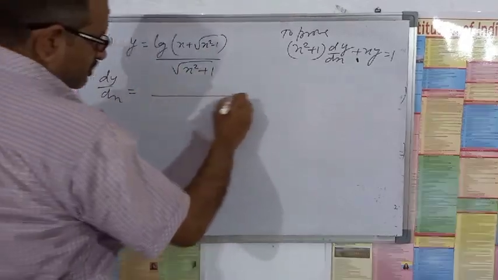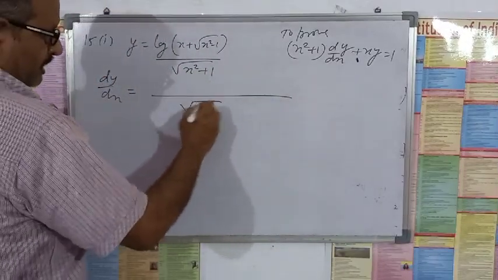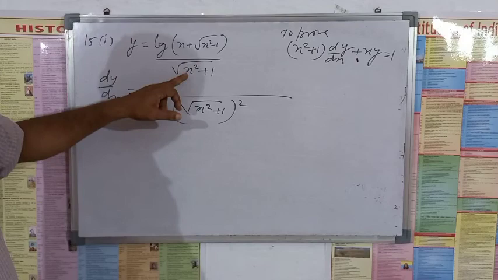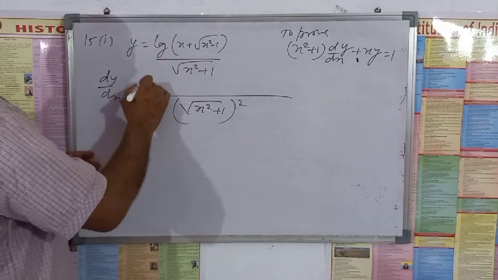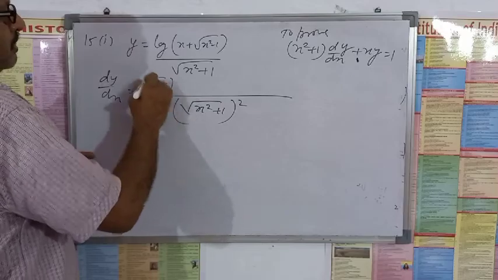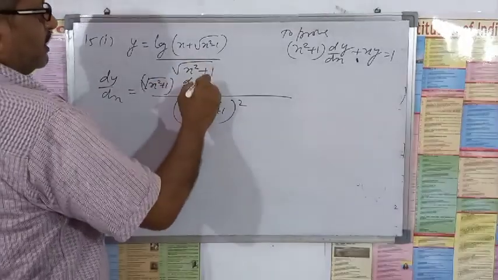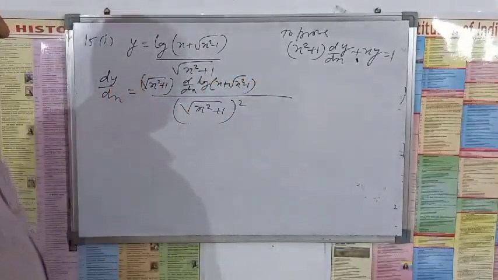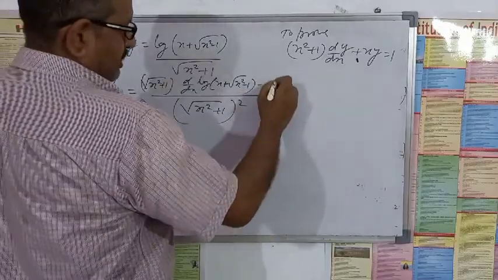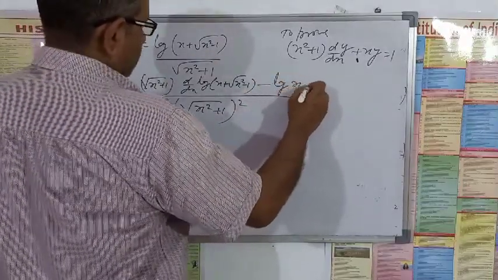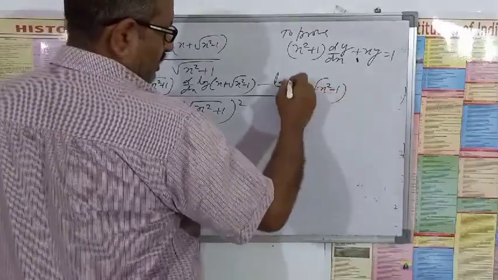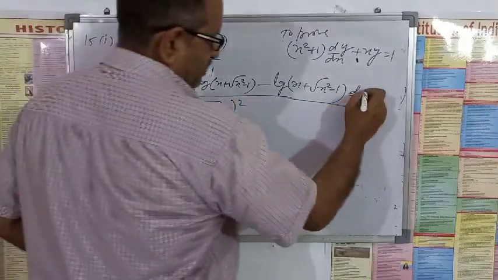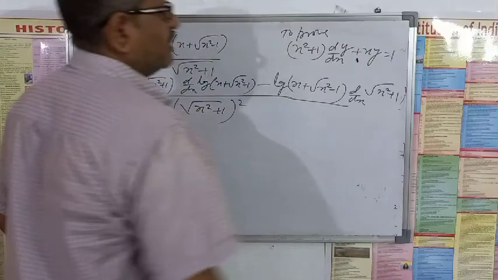Use here quotient rule. So we have to write square of the denominator. Then write denominator into derivative of numerator, x plus root x square minus 1, minus numerator log x plus root x square minus 1 into d by dx of denominator root x square plus 1.